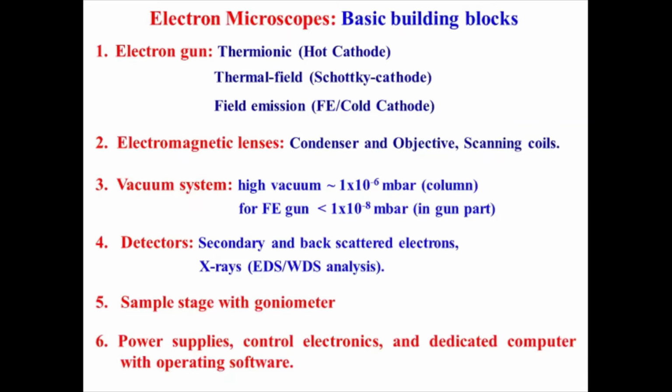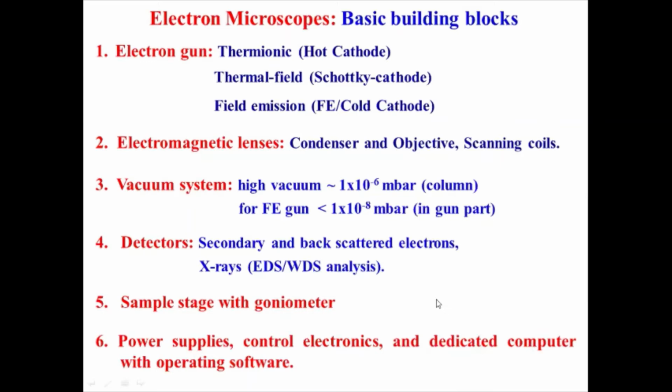Usually in the column, the vacuum is of the order of 10 to the power minus 6 torr or millibar. But if it is a field emission gun, then you require an ultra high vacuum condition, that is the pressure should be less than 10 to the power minus 8 millibar or 10 to the power minus 8 torr. Then there are a set of detectors for different interactions.